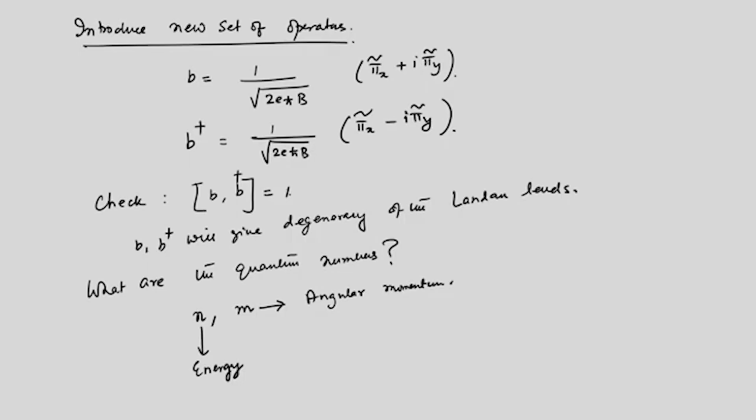By angular momentum operator I mean the z component of the angular momentum, Lz equal to r cross p, assuming that we are not talking about spin. Okay. So, there are two quantum numbers, n and m, and these should uniquely label the Landau levels, or the wave functions corresponding to the Landau level.